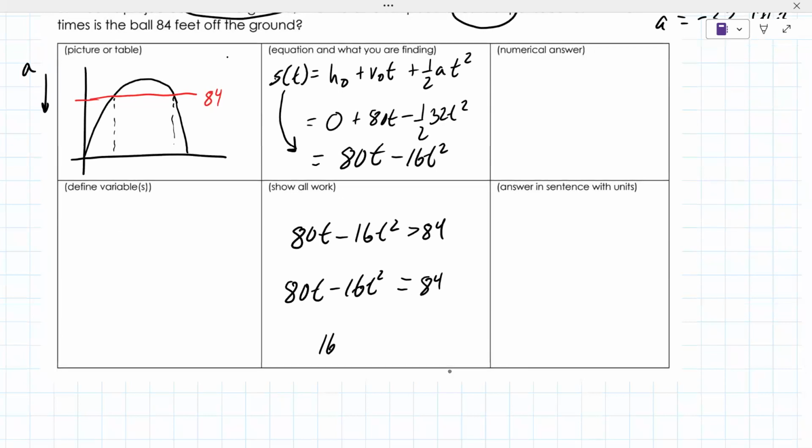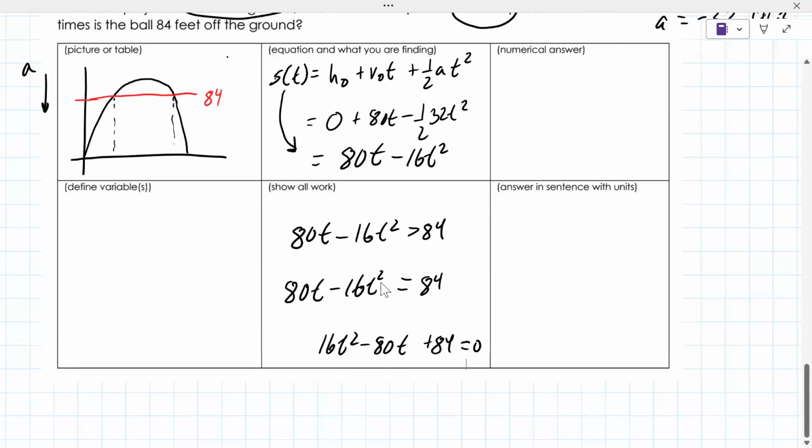So it ends up being 16t squared minus 80t plus 84 equals 0. And then from here, you want to either factor, use the quadratic formula, or complete the square. Actually, completing the square does work on this one nicely. The 16 goes into 80.